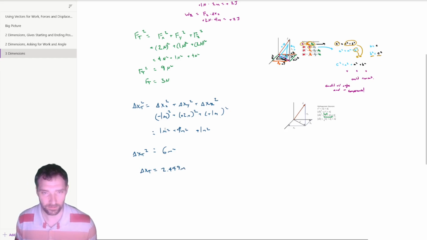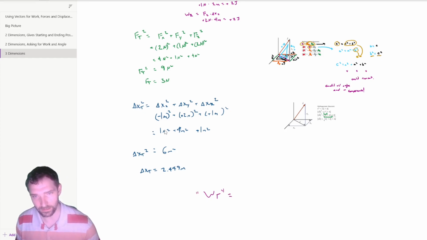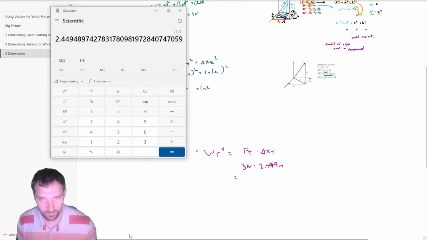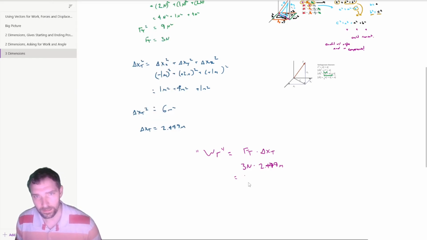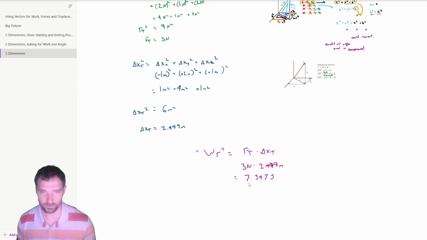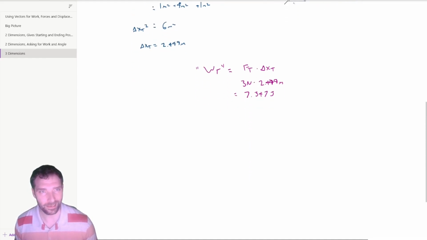And we can then combine those two to get what would be this work total if we just combine the two there. So we can then combine the 3 newtons with the 2.449 meters and get that as a number of joules. And we get 7.347 joules of work that could be done if these things were lined up perfectly with each other, but that isn't actually the case.